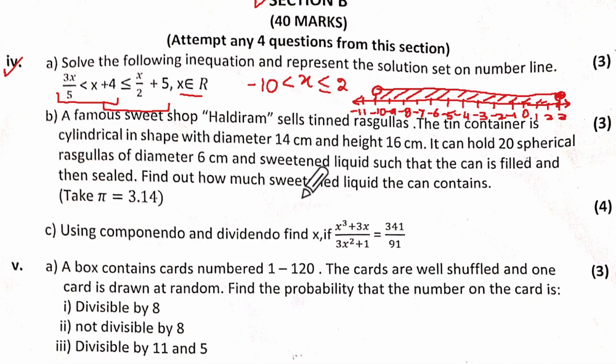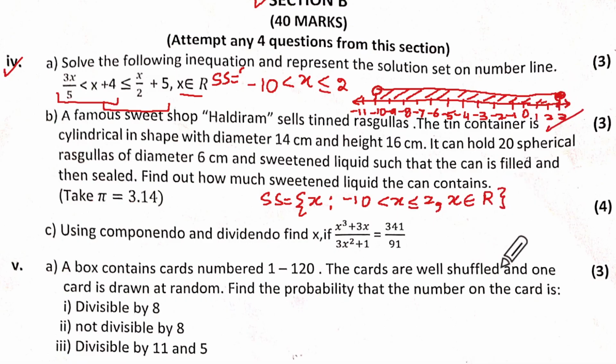Solution set. Okay, so what should you have written? Solution set equals set of x. This is not called only x, it is called set of x, such that minus 10 less than x less than or equal to 2, put a comma, and you must also write that x belongs to real numbers, and then you will have full marks. Understood, right?